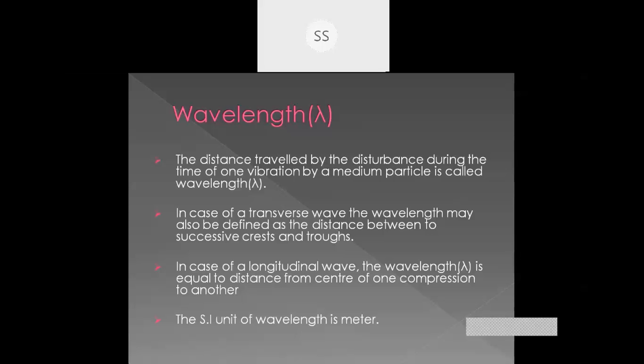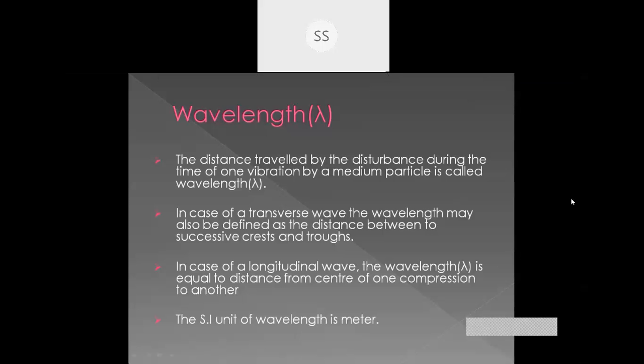Perpendicular direction means once it will go upward, then it will go downward. If the wave is traveling horizontally, then the particles of the medium go upward once and downward once during one vibration.